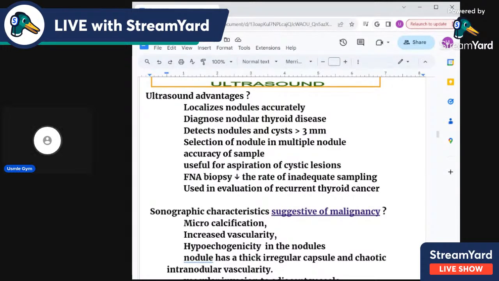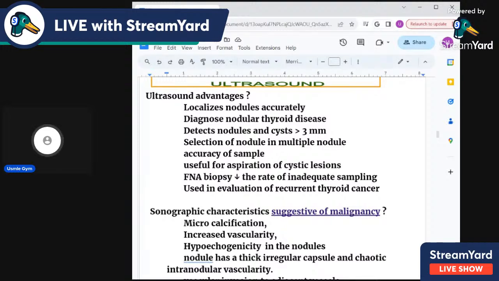The ultrasound localizes the nodule accurately, diagnoses the nodular thyroid, and detects nodules and cysts more than 3 millimeters. It helps in selection of a nodule in multiple nodules, and it helps in accuracy of sampling.